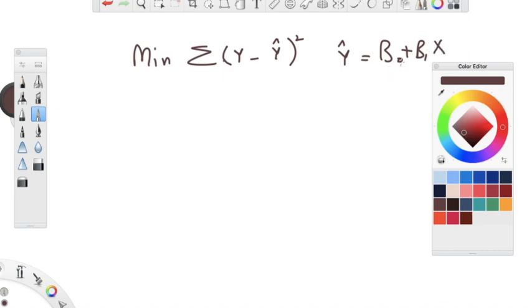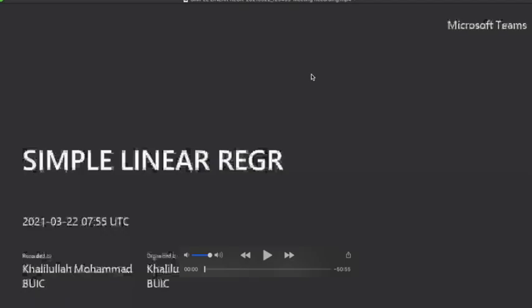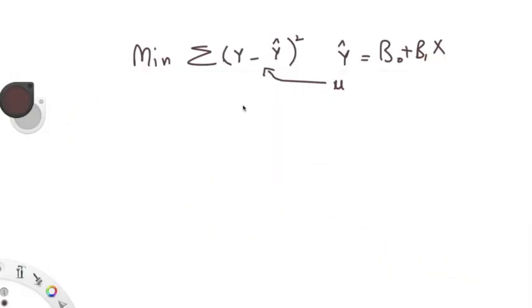So this component we'll be using later, and this is, if you recall, simply just the error of your model. So we were trying to minimize the squared residuals in order to come up with the values of beta 1, beta 2.